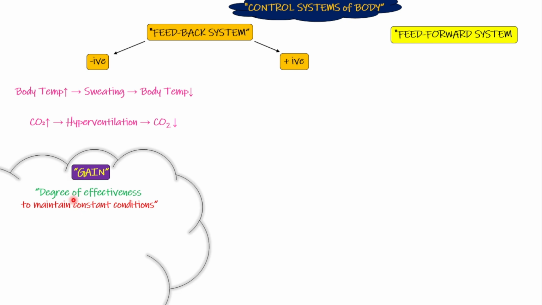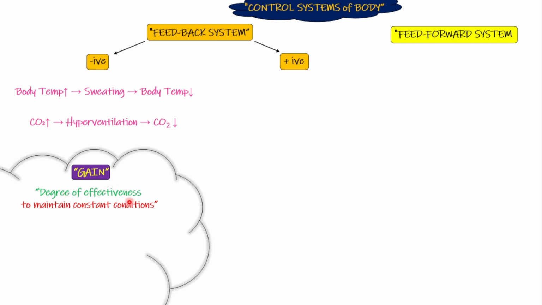If body temperature is raised by 2 degrees Fahrenheit or 2 degrees Celsius, and the thermoregulatory system is bringing back the temperature to normal, then it means the gain is extremely high. And if the body is unable to bring back the temperature to normal, then it means the gain is very low.